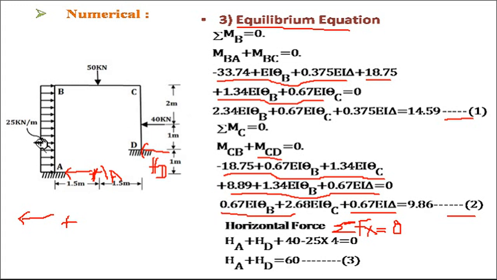The 25 kilonewton per meter UDL is acting towards the right, so it is minus. So HA plus HD plus 40 minus 25 into the length, that is 4, equal to 0. Solving this, we get HA plus HD equal to 60. This is the third equilibrium equation. Now you have to find the values of HA and HD in terms of the moment.